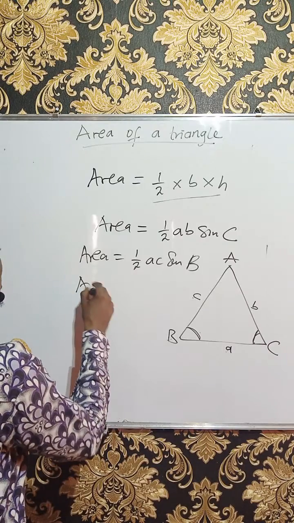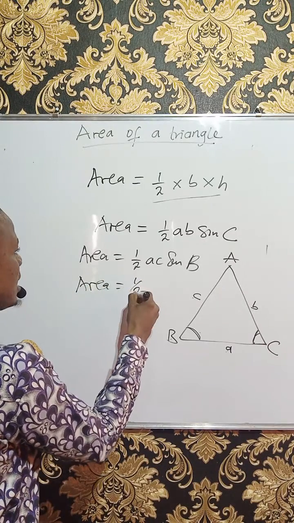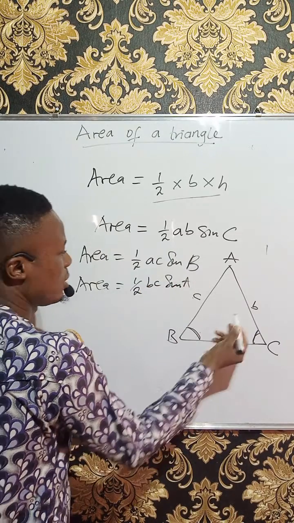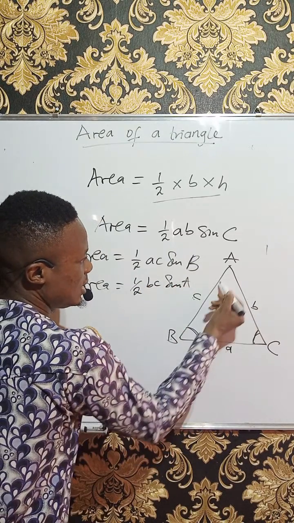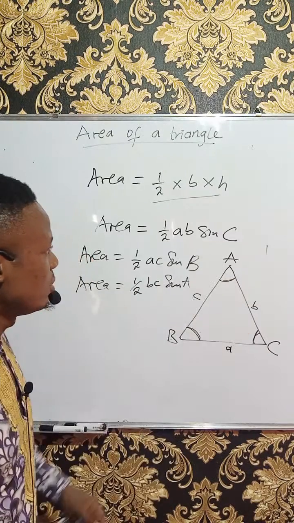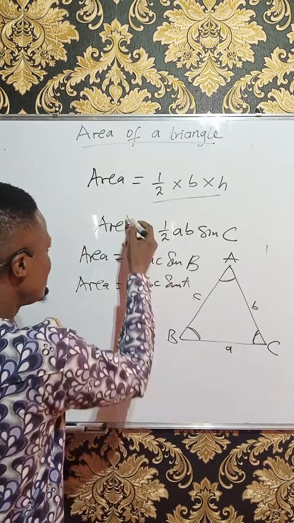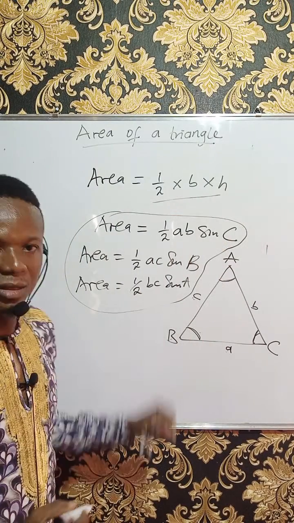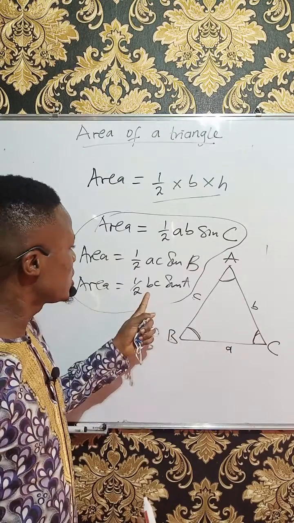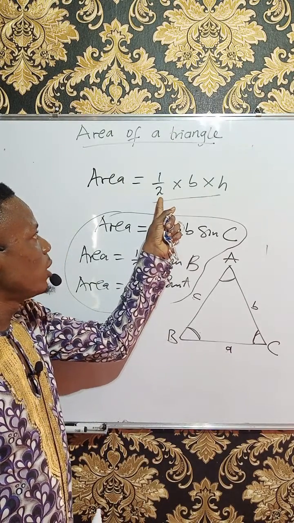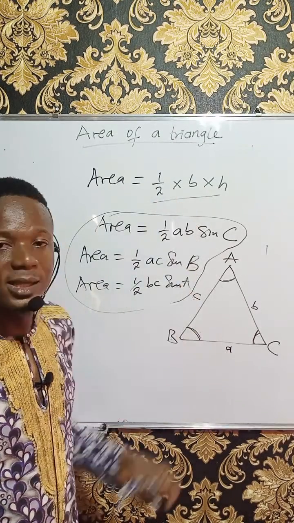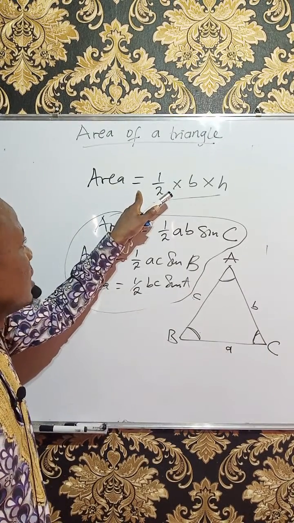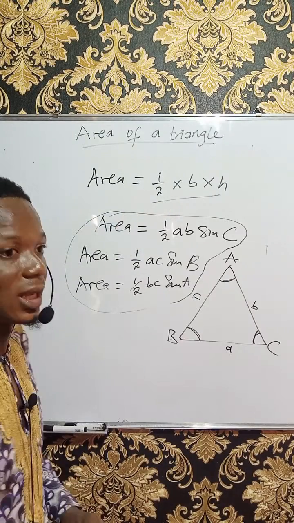If I talk about area again as half BC sine A, when you talk about side b and side c, the angle between them is just angle A. So these are the main formulas you can use in getting the area of a triangle. And it is from these formulas that the one called half base times height came to be. Without these ones, you cannot get half times base times height.